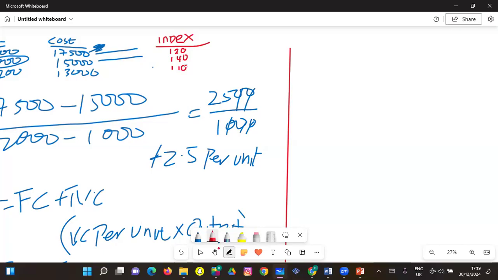Before we find the change in activity level and cost, we will first deflate this cost, right? So the deflated cost is going to be the cost times 100 over the index.